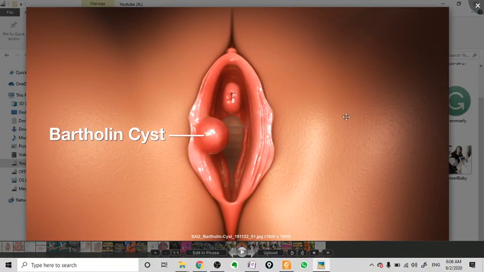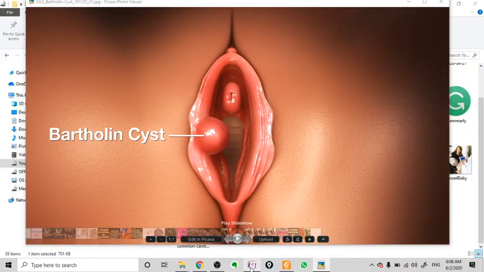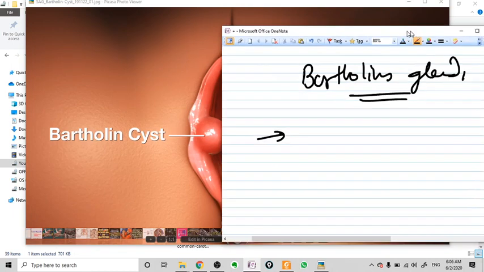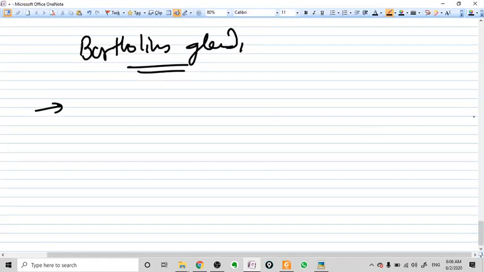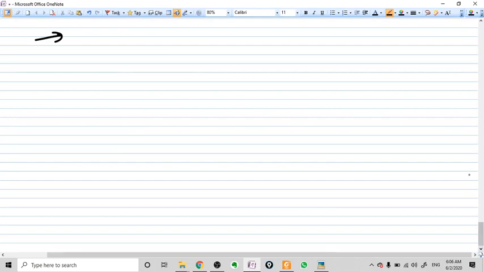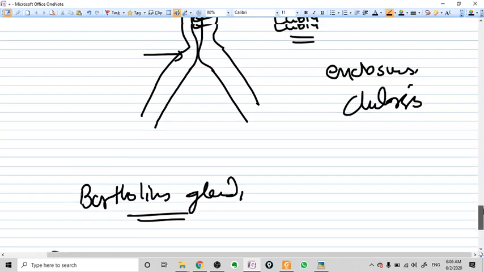Many patients come to you with a swelling just at the lateral wall of the vagina. So whenever you see this kind of lesion, you must understand that this may be a Bartholin cyst. Bartholin cyst is nothing but the inflammation and swelling of Bartholin glands.